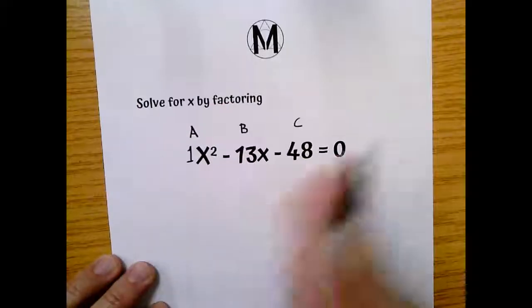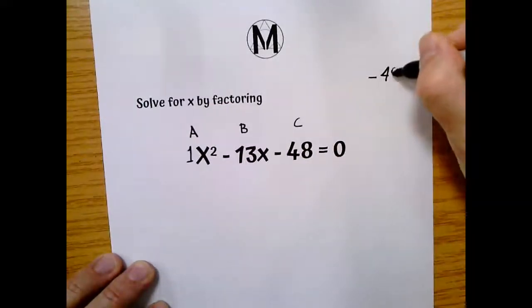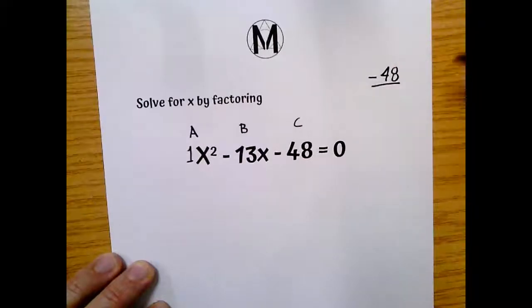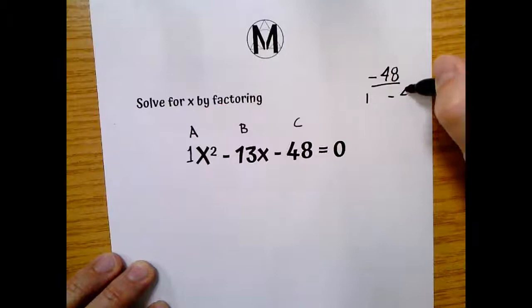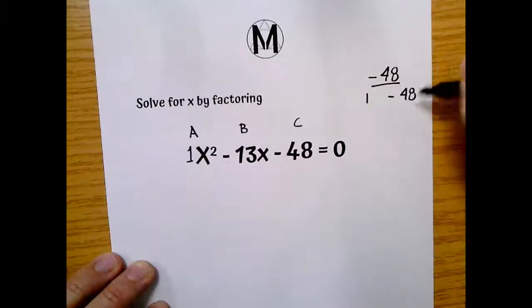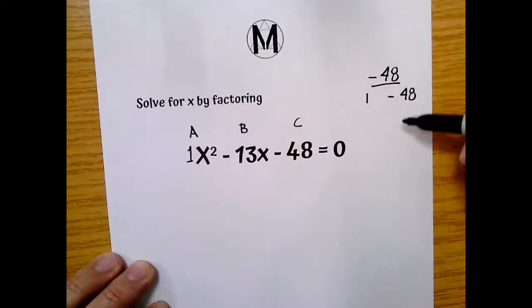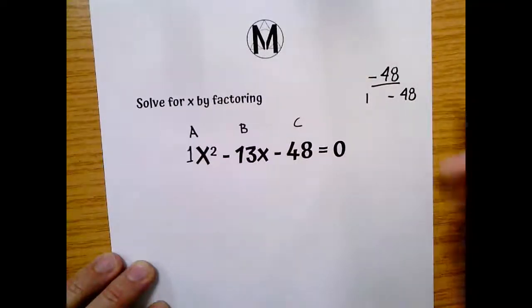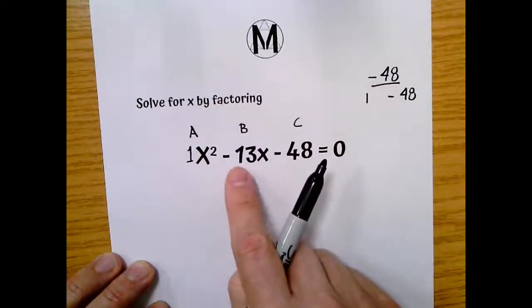Okay, so step 1, let's list out the factors of negative 48. So we have 1 and negative 48 because 1 times negative 48 is negative 48. And if you think about this, we're going to leave all of our negatives on the larger factor because when we go to b, we can see b is negative.